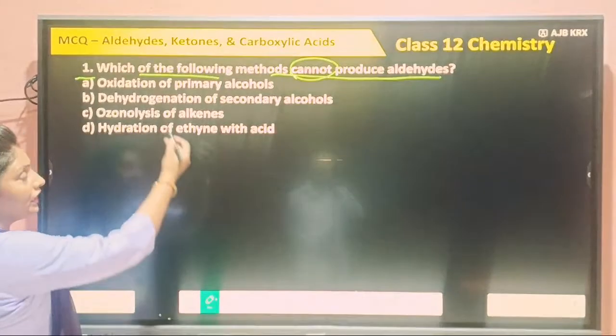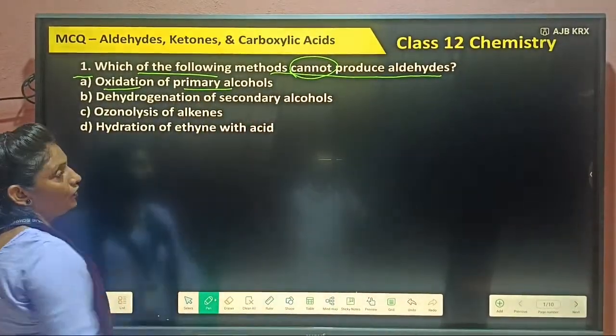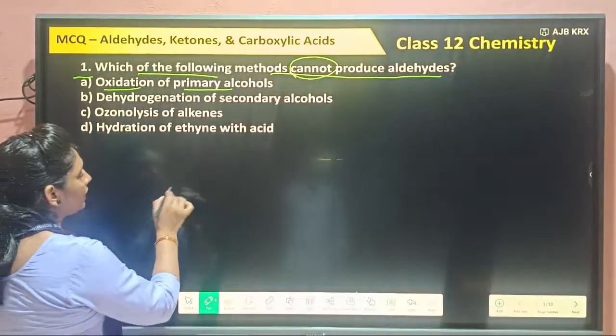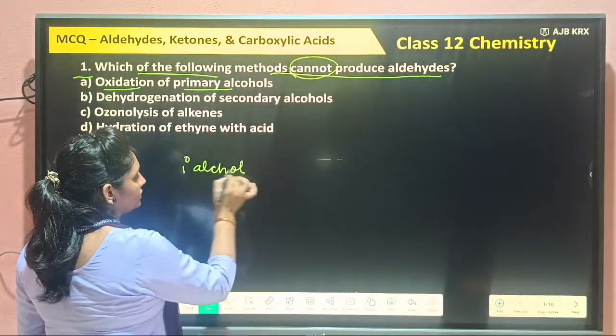Option A is oxidation of primary alcohol. Yes, oxidation of primary alcohol we know very well because we have discussed all the reactions.